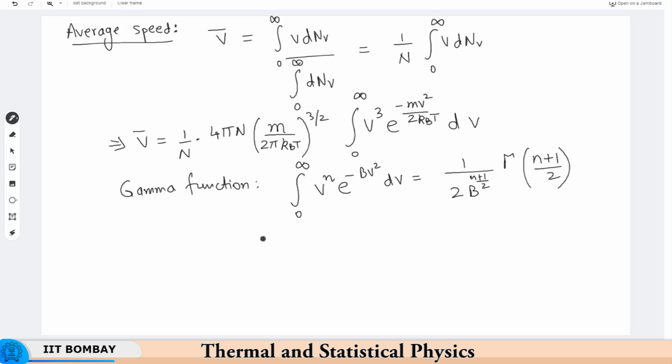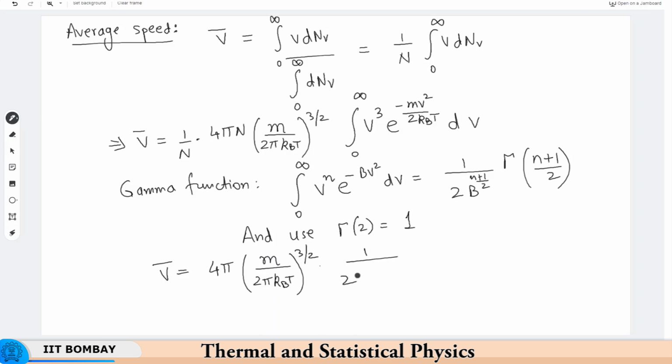If you remember, the value of gamma of 2 is exactly equal to 1. If you substitute these numbers in, there is a little bit of algebra, fairly simple. Maybe I can write down the intermediate terms: (m by 2 pi k_B T) raised to the power 3 by 2 times 1 by 2 times (m by 2 k_B T) squared.